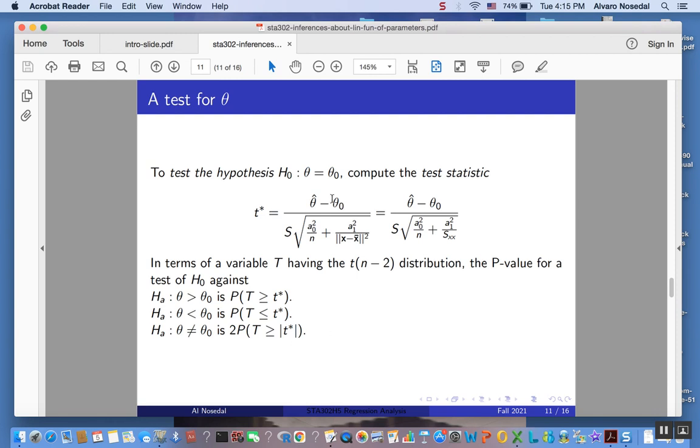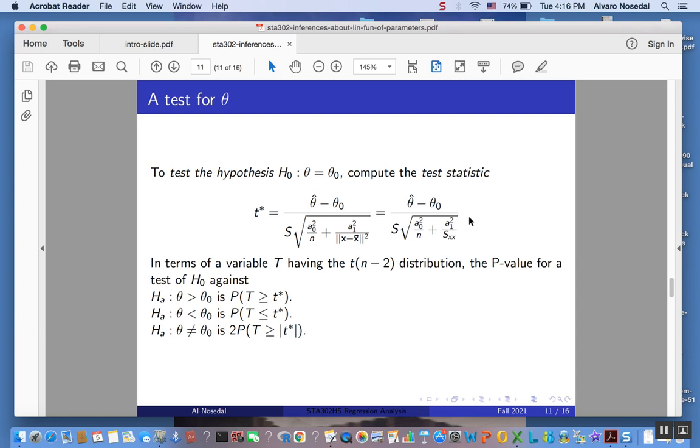Anyway, let's use what we have shown to justify that the expression that we have for t star has a t distribution with n minus 2 degrees of freedom. First, let me remind you that the definition of a t distribution is as follows. A t distribution is a ratio between two random variables.